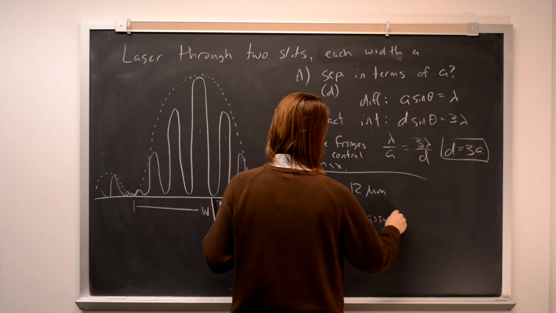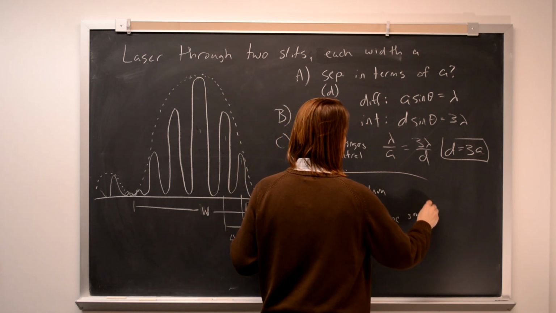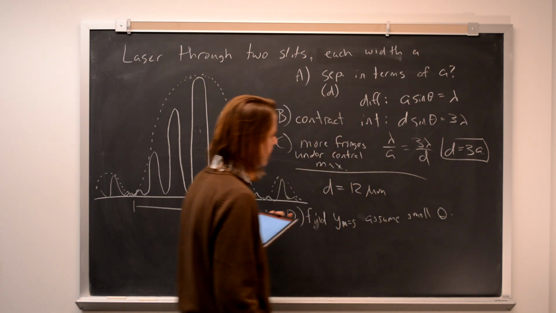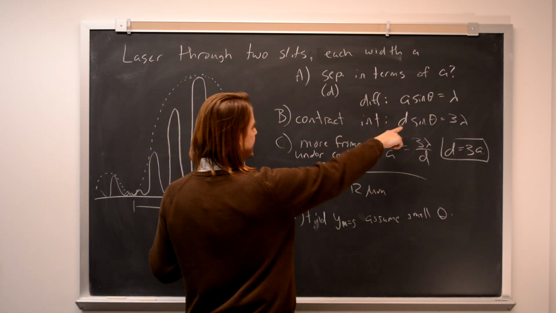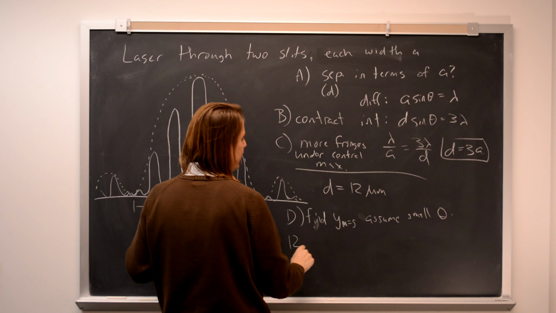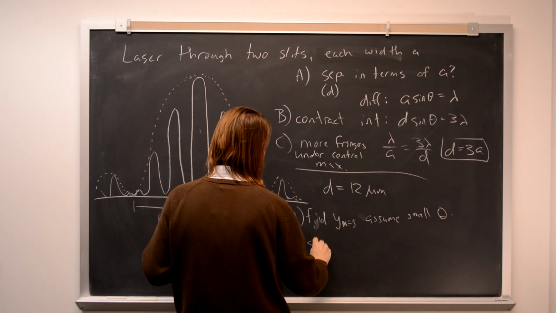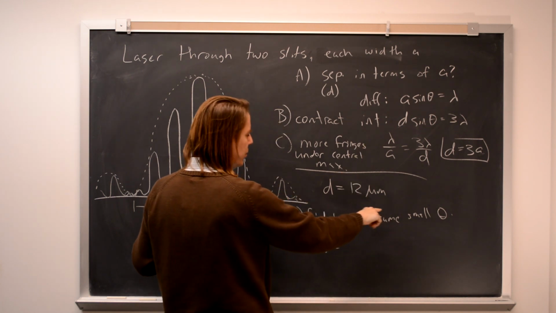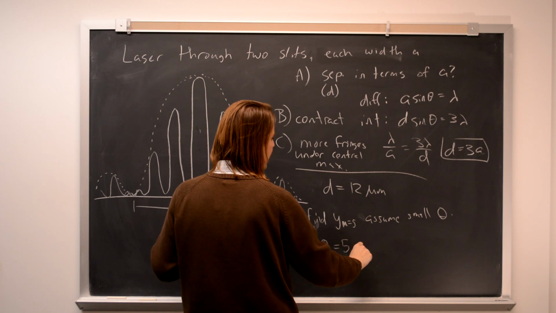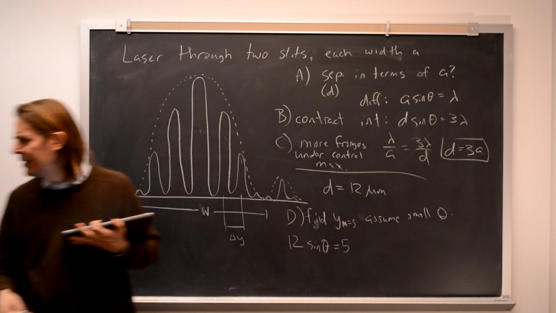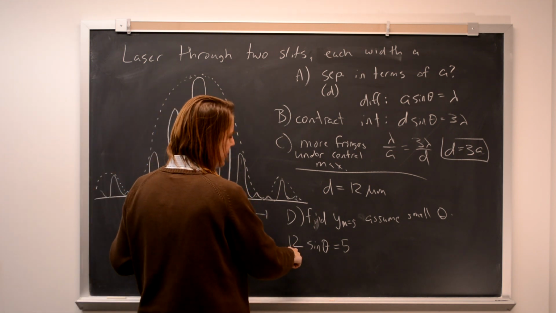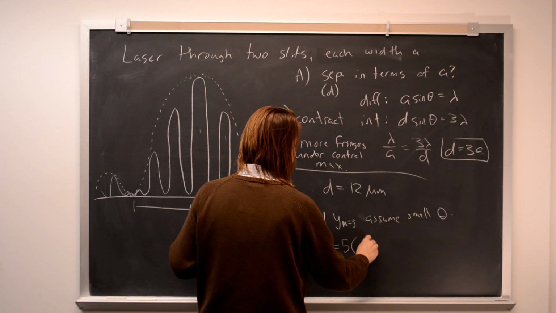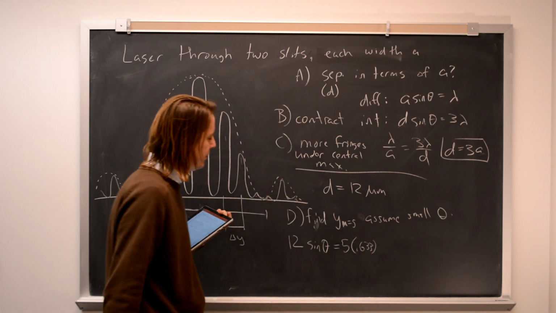Assume small theta. Okay. So for that, you just say, well, D, 12 microns, sine theta equals m equals 5 times lambda, and did they give me a lambda? Yes, 633 nanometer light. This needs to be in microns, 0.633.